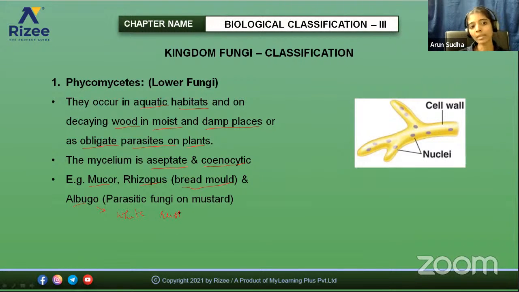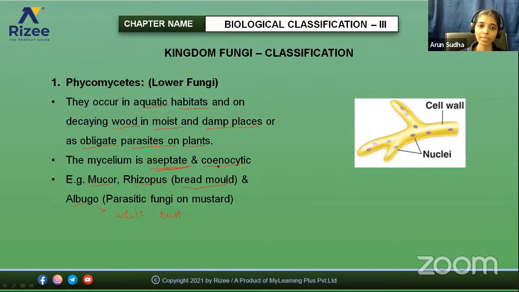So this is about the Phycomycetes. For all the fungi, you have to see whether it is aseptate or septate, and whether it is a coenocytic hypha or a branched hypha. That differentiation you have to be clear with. Here in the case of Phycomycetes, it is aseptate and coenocytic. Also be clear with the examples.